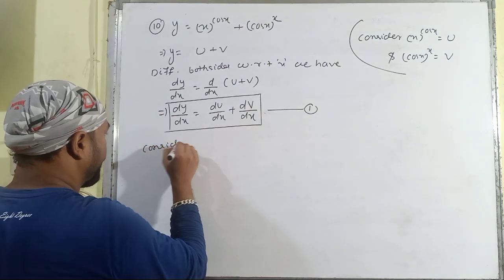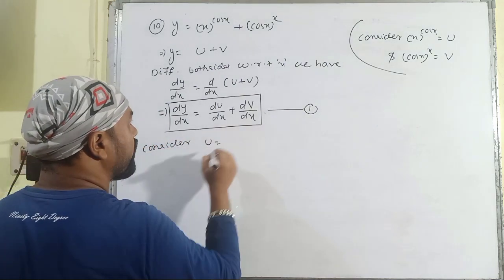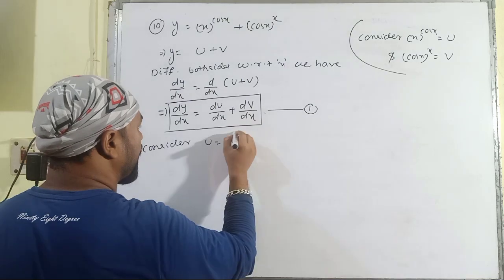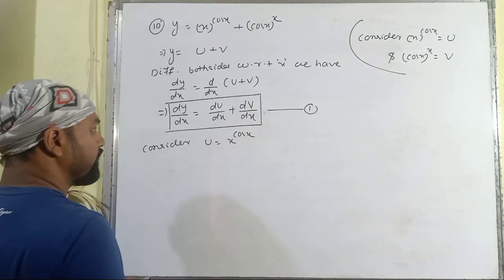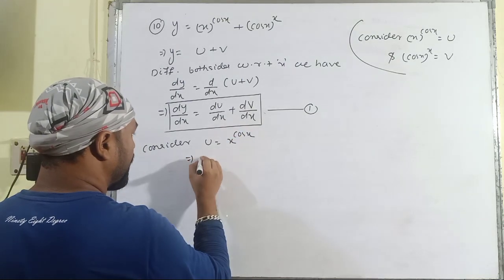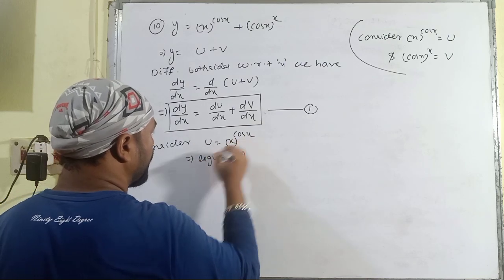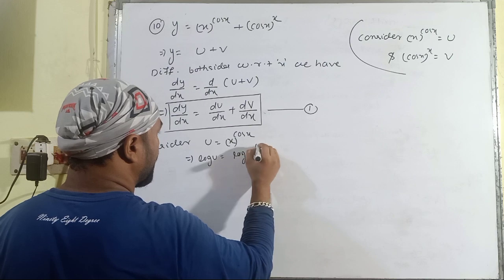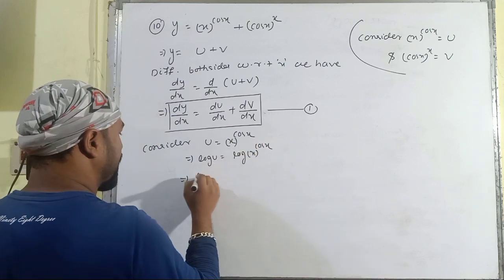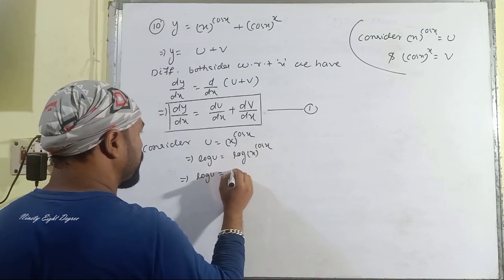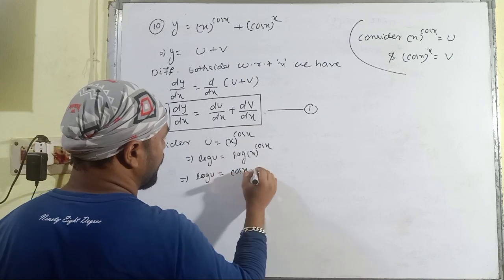Consider u is equal to x to the power cos x, then log u is equal to log x to the power cos x, that implies log u is equal to cos x multiplied with log x.